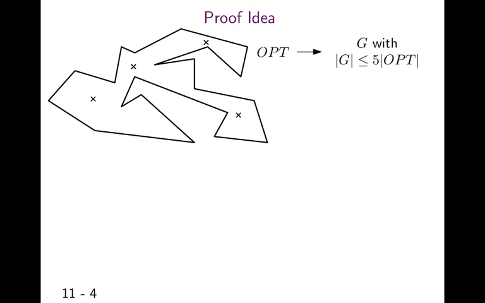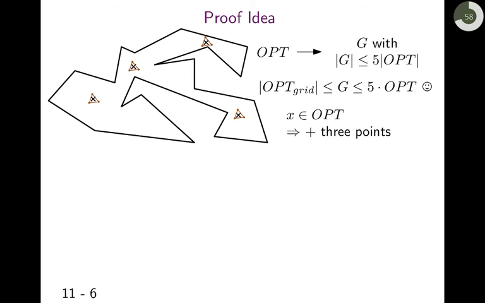So we get somehow that our grid solution is at most 5 times away from the optimum. How? So the optimum grid is at most this G, which I will specify in a minute. G is some subset of the grid, and this is at most 5 opt. So let's see how this works.